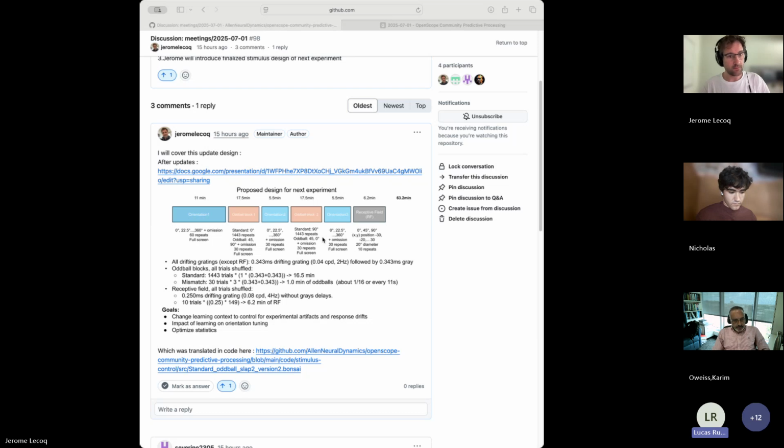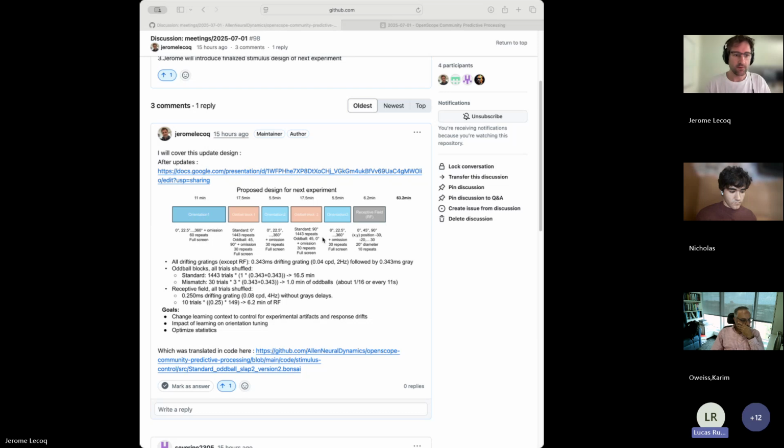Maybe we could split that extra time and add just 1.5 or 2 minutes to each of the orientation blocks, because there are also adaptation effects after the oddball blocks that can bias our results.